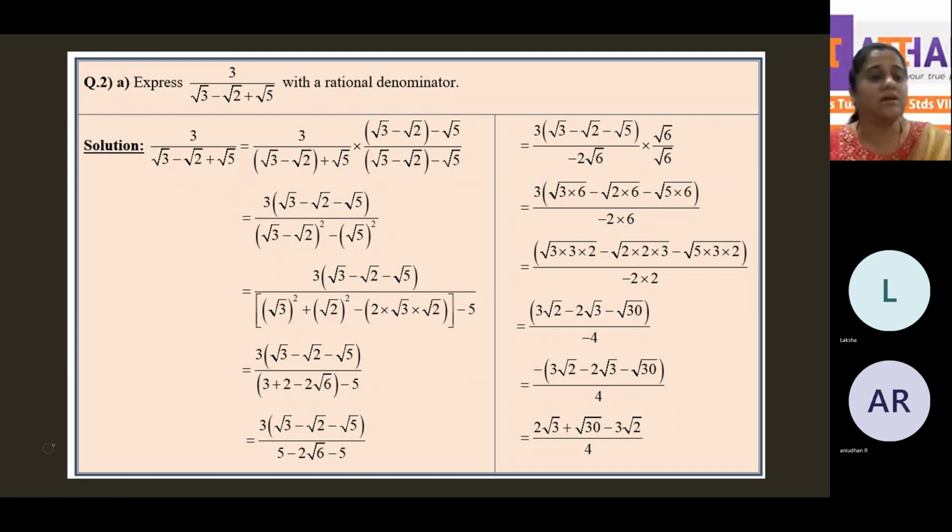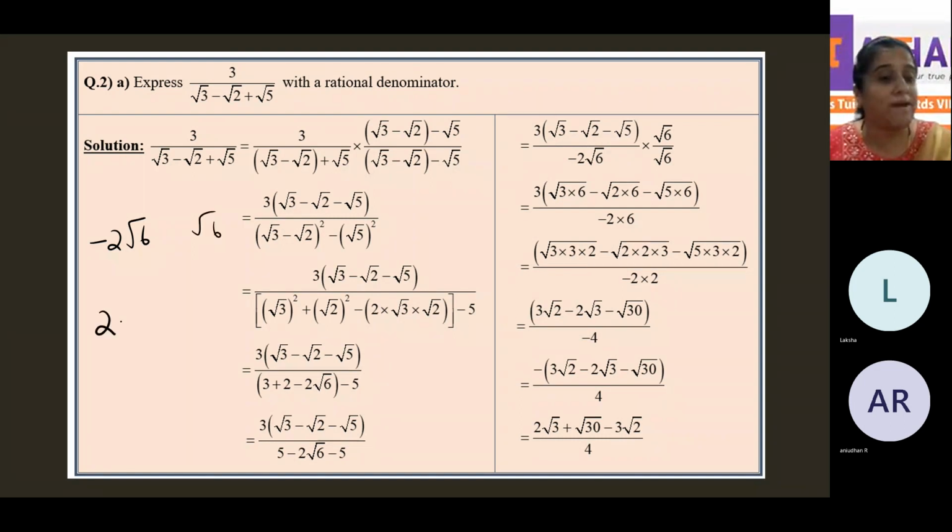Now I have to tell you something here. When you have minus 2 root 6 in the denominator, the rationalizing factor is root 6. It is enough if you multiply and divide by root 6.